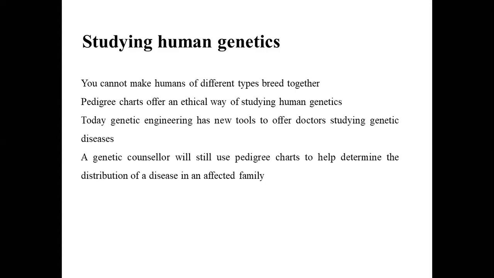Today, genetic engineering has new tools to offer doctors studying genetic diseases. A genetic counselor will still use pedigree charts to help determine the distribution of a disease in an affected family, and give a sketch to the parents or the offspring showing who will be the carrier, and who will be the diseased or infected person.